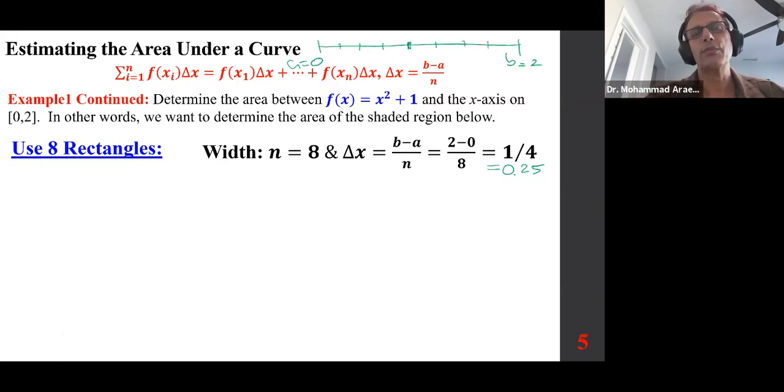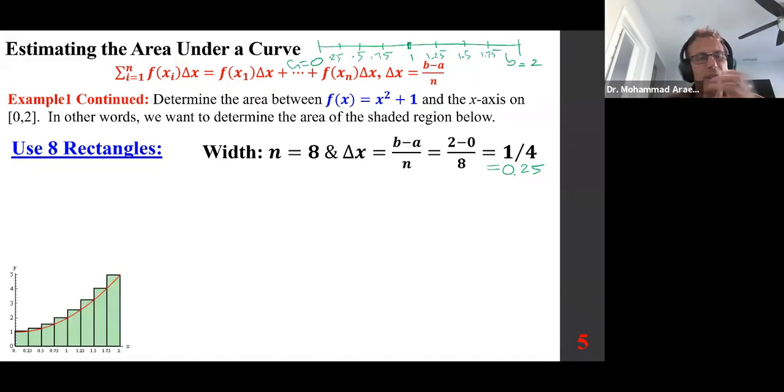So you have this one as 0.25 or 1/4, 0.5 or 1/2, 0.75 or 3/4, 1, 1.25, 1.5, 1.75. And we are going to use the right endpoints first. Again, it's going to overestimate. Clearly, we can see that.